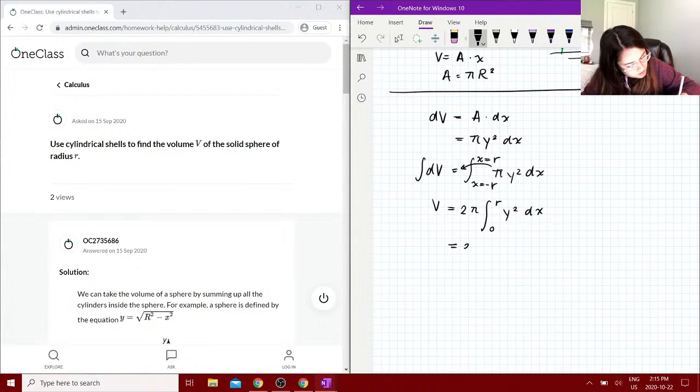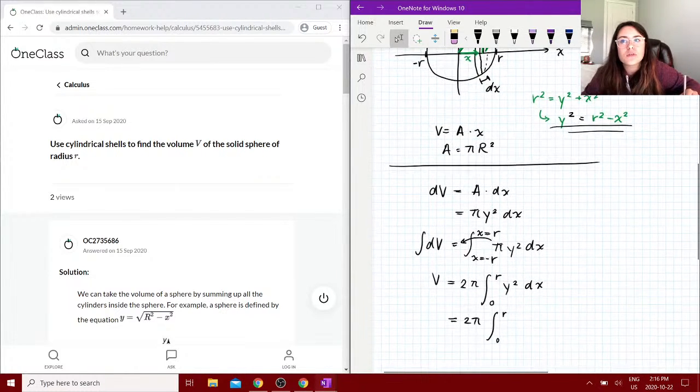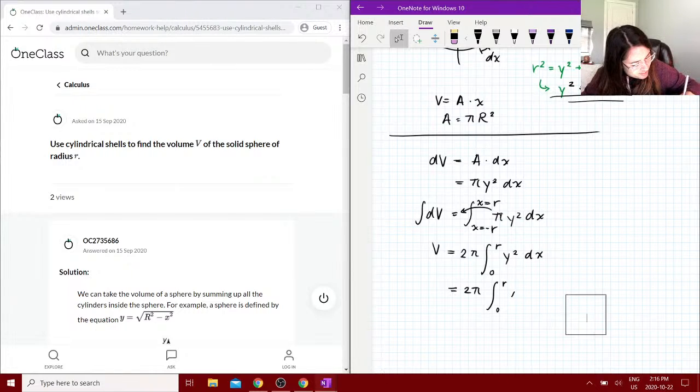Okay? So 2 pi times the integral from r to 0, and then replacing this y squared with what we came up with up here, r squared minus x squared dx.